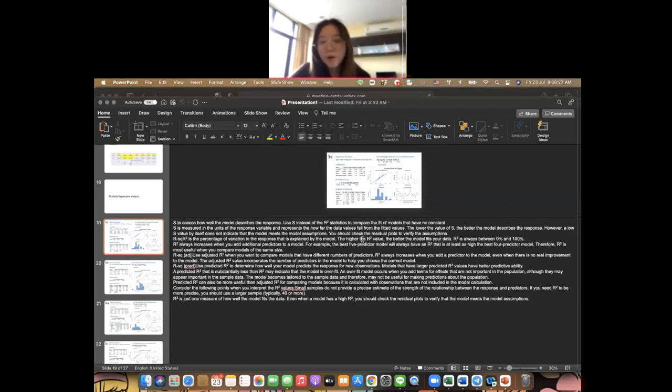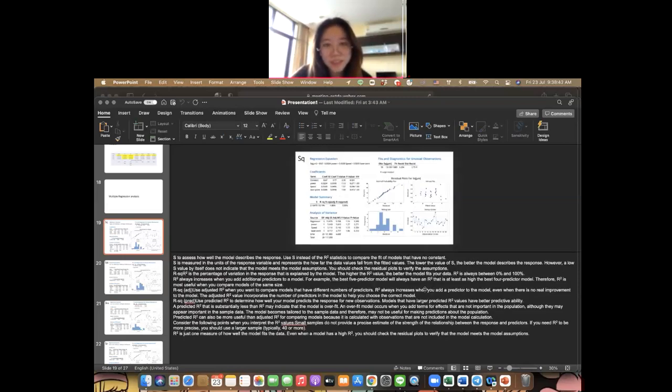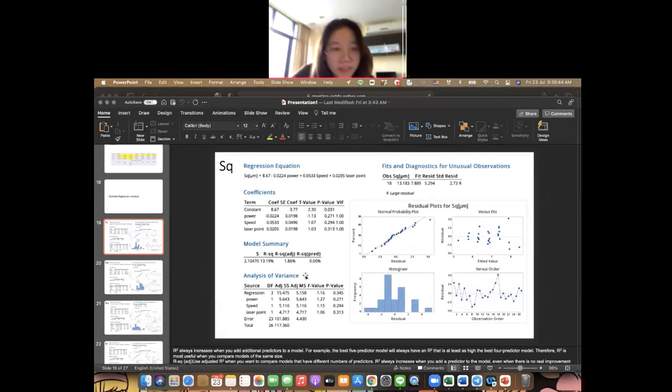If the R square value is higher, the better the model fits the data. It has to be always between 0 and 100%. So a higher R square value is good.